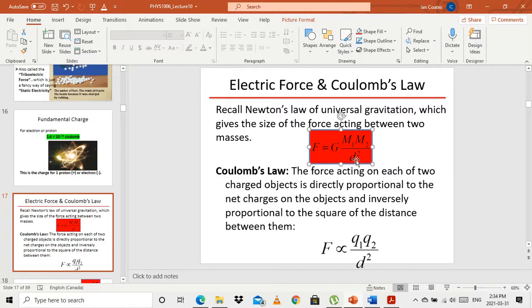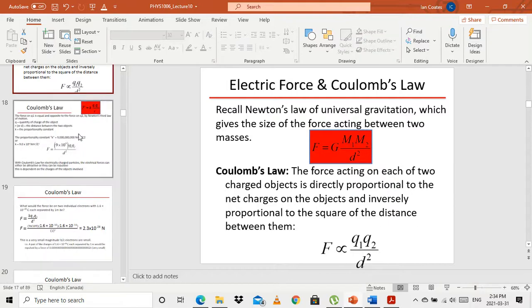Remember how the force, if you double the distance, the force inversely squared goes to a quarter? And we'll go into a nice little recap of these, but this is your force in newtons. And up here, you remember mass 1 and mass 2. Well, instead of mass 1, mass 2, we're going to use charge 1, charge 2. And there's your distance squared.